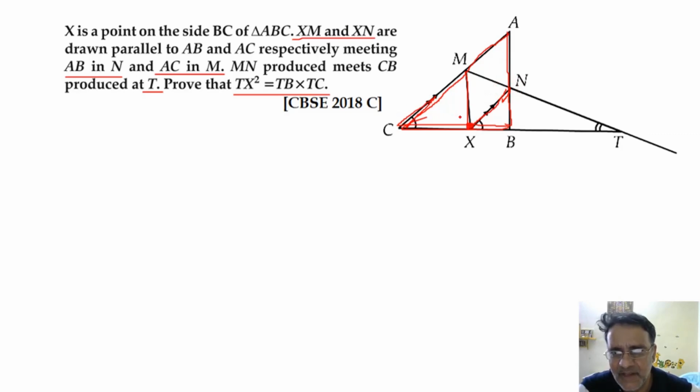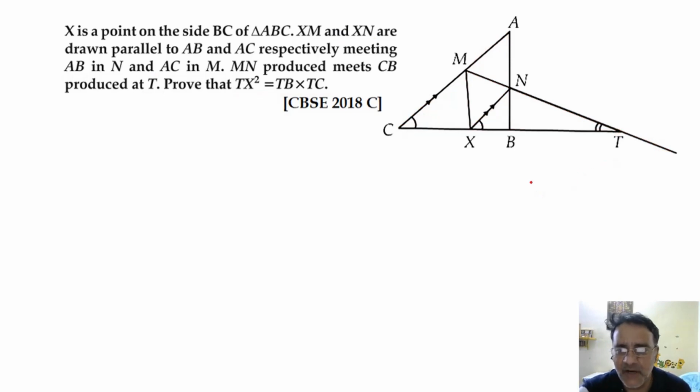Okay? And after that MN is produced and CB is produced and both intersect at point T. This is the diagram. Diagram is clear? Yes, sir. Because the diagram was not given.